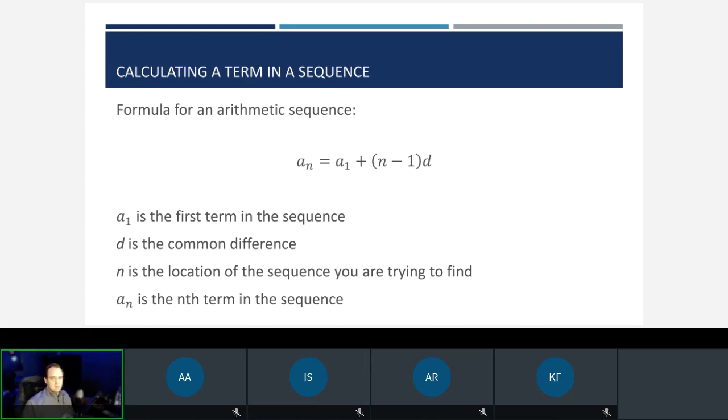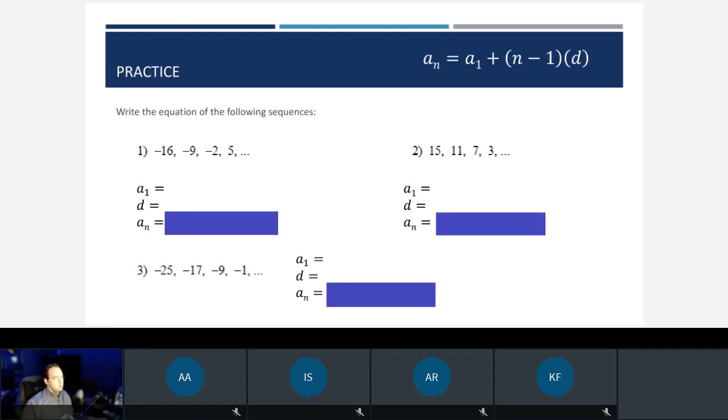Sorry, it's a little bit confusing when I explain that. N could be the location or n could be the number of terms, depending on the equation. Kind of like an input variable, yeah.